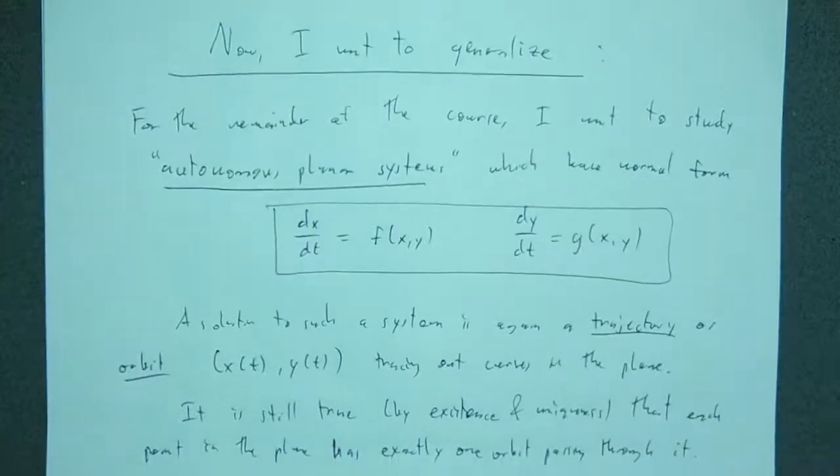So each point in the plane has exactly one orbit passing through it. So we get this nice idea of these trajectories not being able to cross or touch in the exact same way that we did for linear systems. Okay.